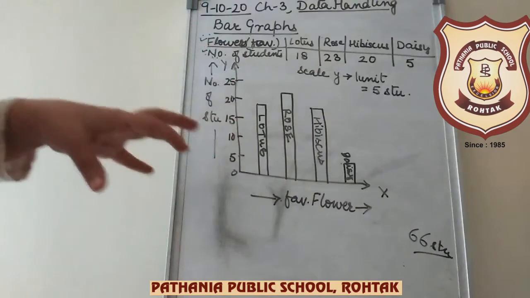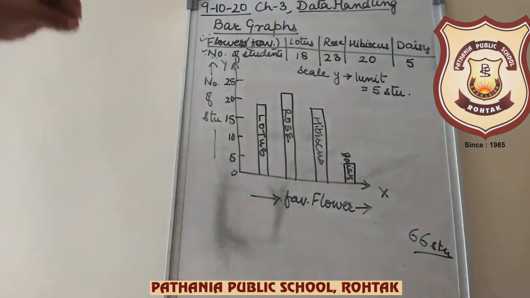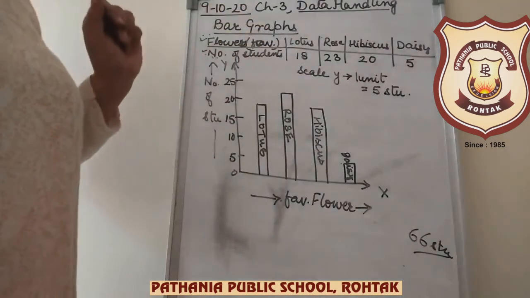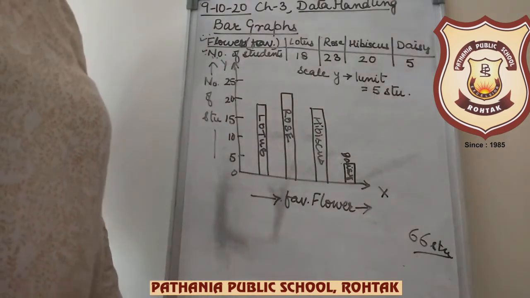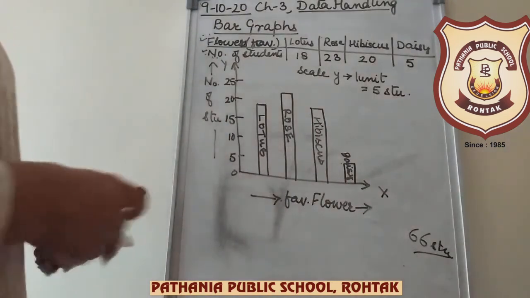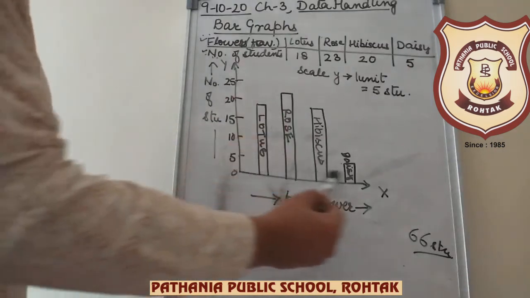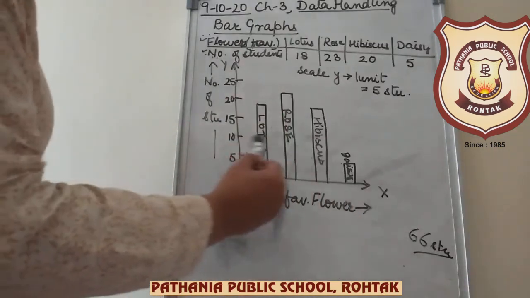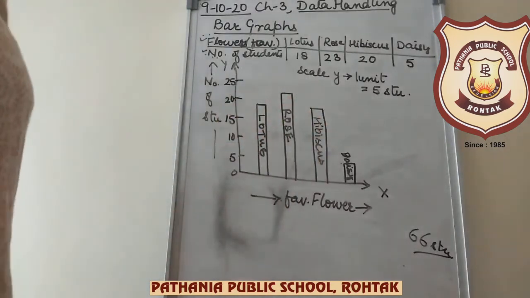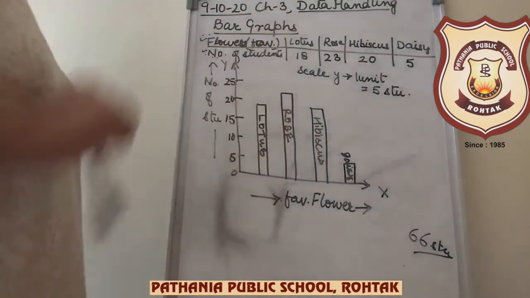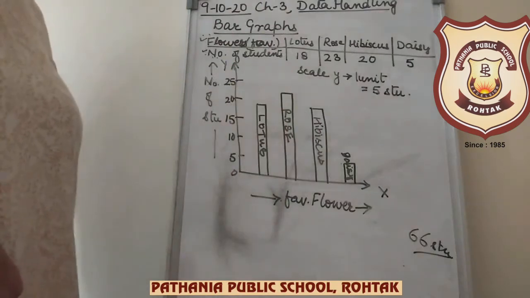These are the flowers liked by the number of students. So in this manner you are going to draw the bar graph. But if I take the numbers here, the bars will come on this side, then it is going to be a horizontal bar graph, and this is a vertical bar graph.